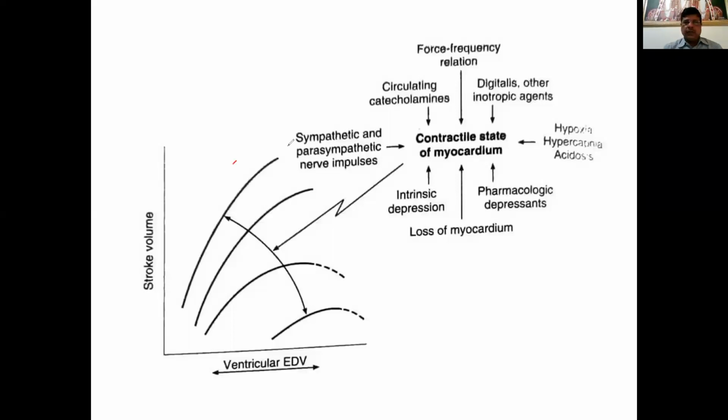Please give a gap here in this line I have drawn. And here you can write increased contractility. Here is decreased contractility.